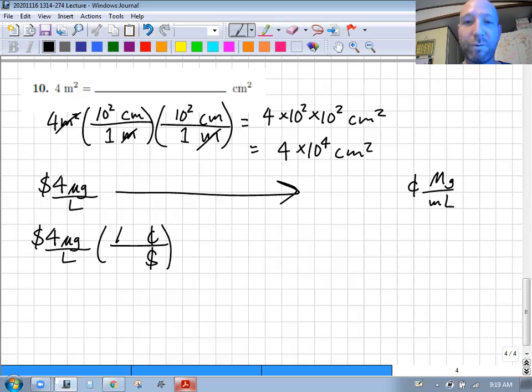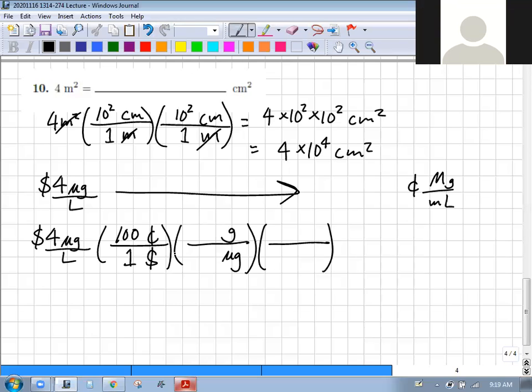We know there's 100 cents per dollar. Now let's focus on the weight. We got to get rid of these micrograms, and we want megagrams. But I don't know how many micrograms there are in a megagram. I know how many micrograms there are in a gram, right?